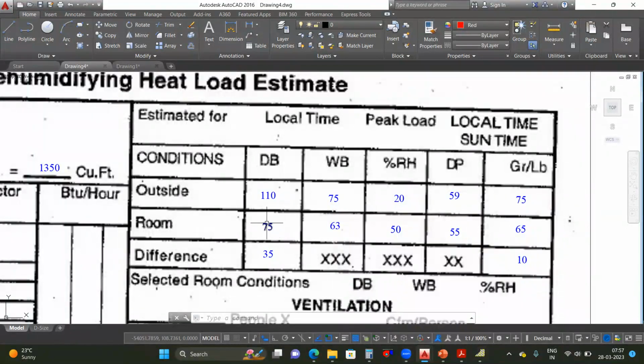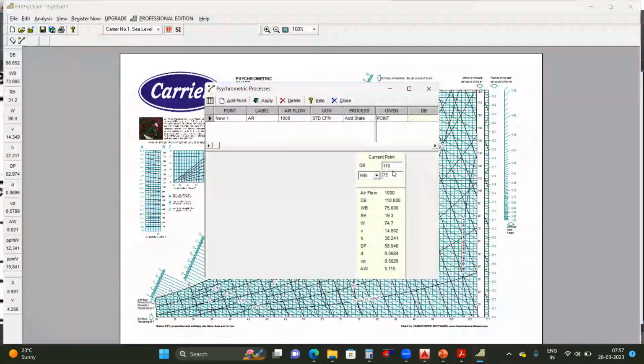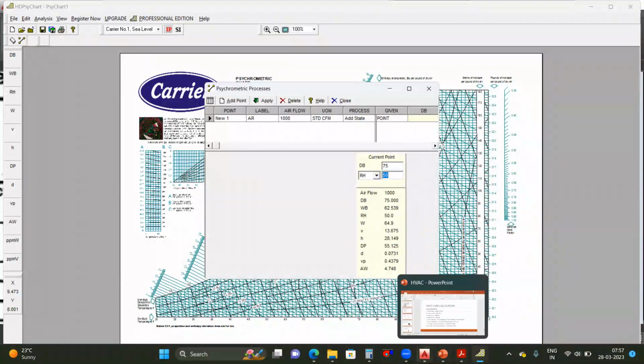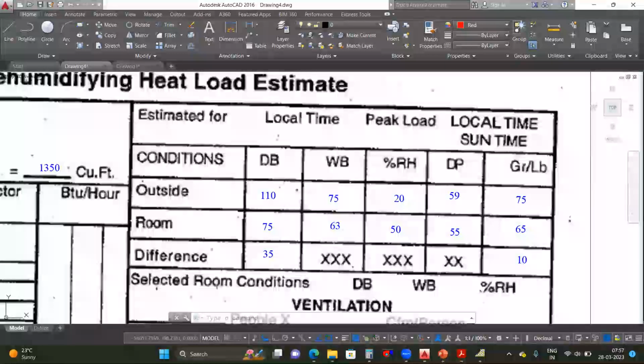That is 75 dry bulb and 50% RH. So what is the wet bulb? 62.5, so 63. Fine.